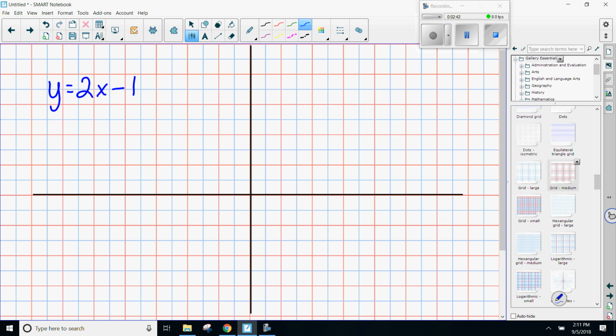Start at -1, and from there you would go up 2 and over 1, because you realize that this right here is your y-intercept. And that's where you start your graph. And then 2 over 1 is your slope, which is rise over run.